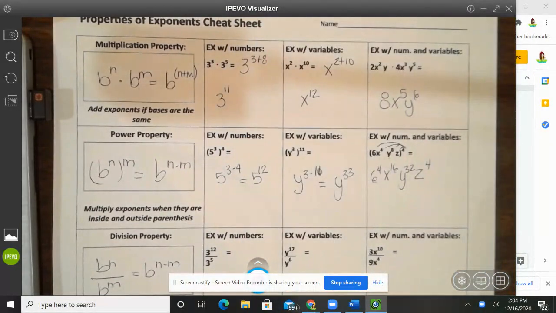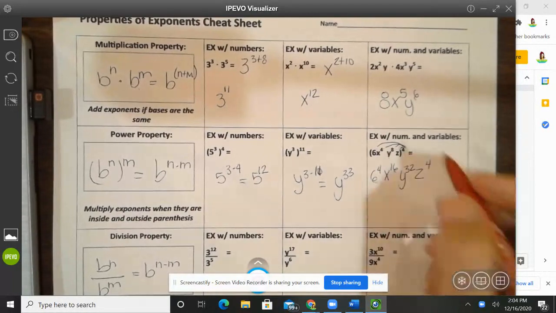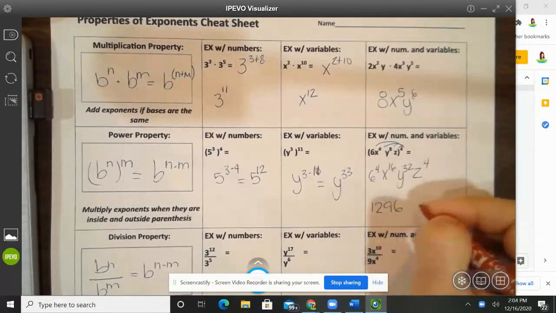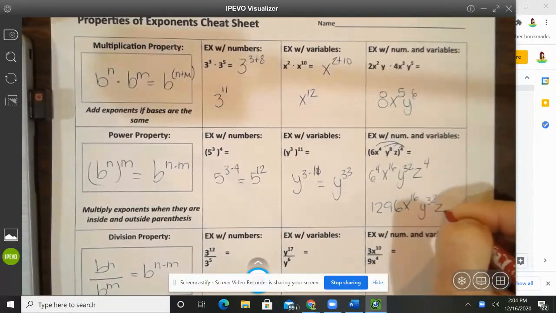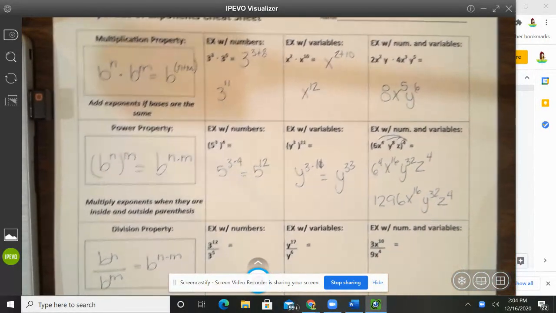You can use a calculator. 6 to the power of 4. Let's see how much that is. That's 1,296. x to the 16th power, y to the 32, and z to the 4. So that's the answer there.